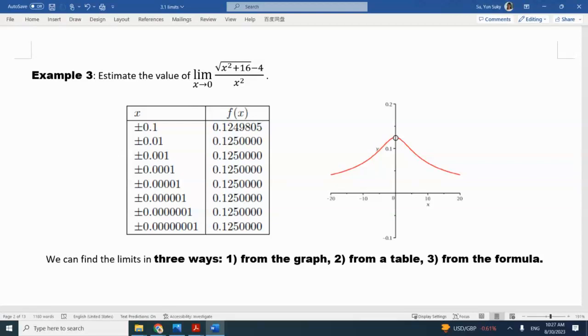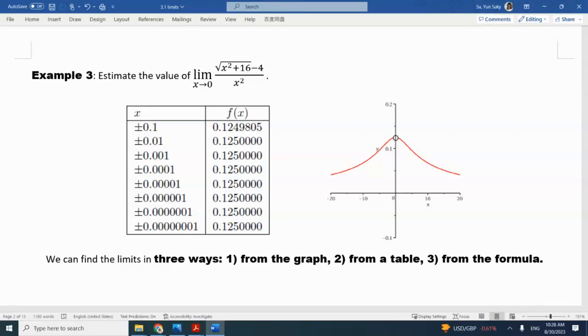Do you see? It kind of stabilizes at 0.125. So you can say, I think the limit is 0.125. Okay, everybody? So this is using your calculator and constructing a table. In your homework, you have some problems like this, but not homework one. I mean homework two.